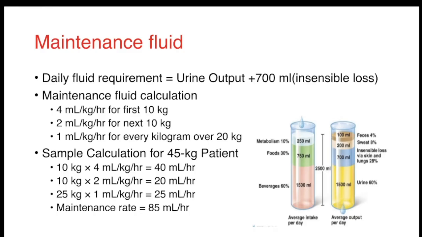For example, if it's a 45 kg patient, for the first 10 kgs we use 4 ml, which is 40 ml per hour. For the next 10 we use 2 ml, which is 20 ml per hour, and for the remaining 25 we use 1 ml, that equates to 25, which equals about 85 ml per hour.